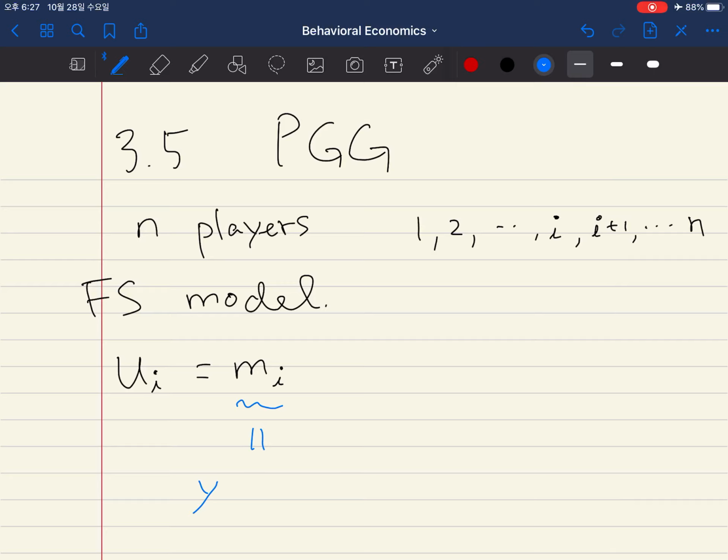So we assume all players in this public game have same amount of income Y. And gi is player i's expenditure for public good.